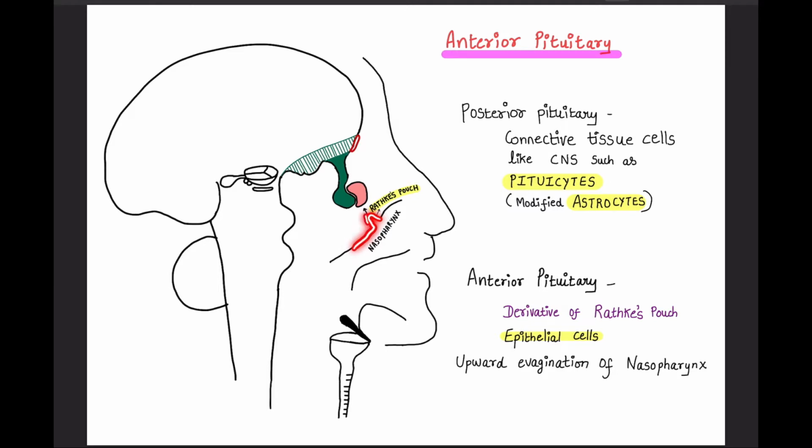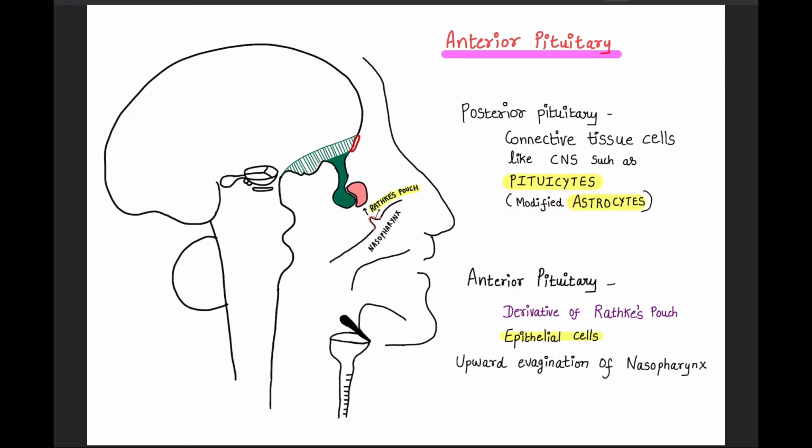This pouch goes upwards and forms the anterior pituitary gland, and this pouch is known as Rathke's pouch. In the nasopharynx you have epithelial cells, so you may see epithelial cells in the anterior pituitary. In the posterior pituitary you see neural tissue such as modified astrocytes, that is pituicytes.